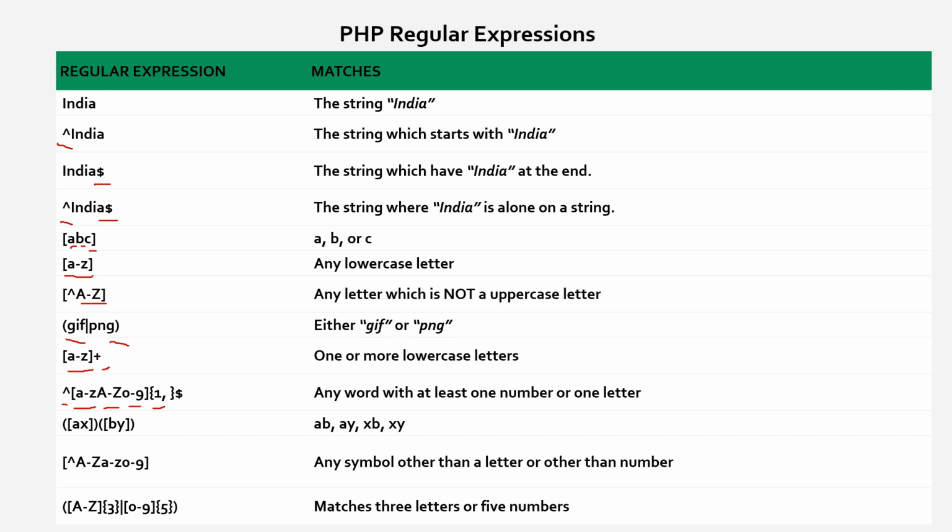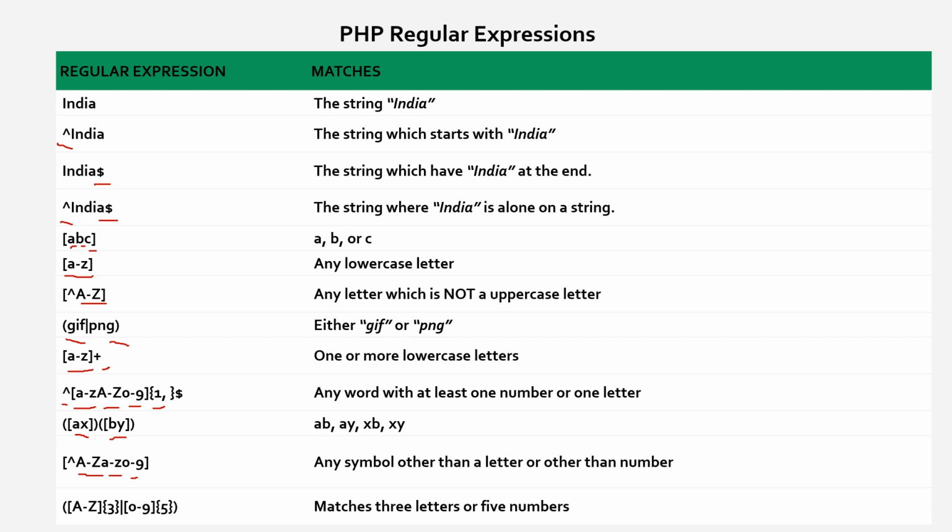Here that expression specifies AX, BY, that is AB, AY, XB, XY. Another expression specified here is A to Z capital, a to z small letter, 0 to 9, which we are already familiar with.